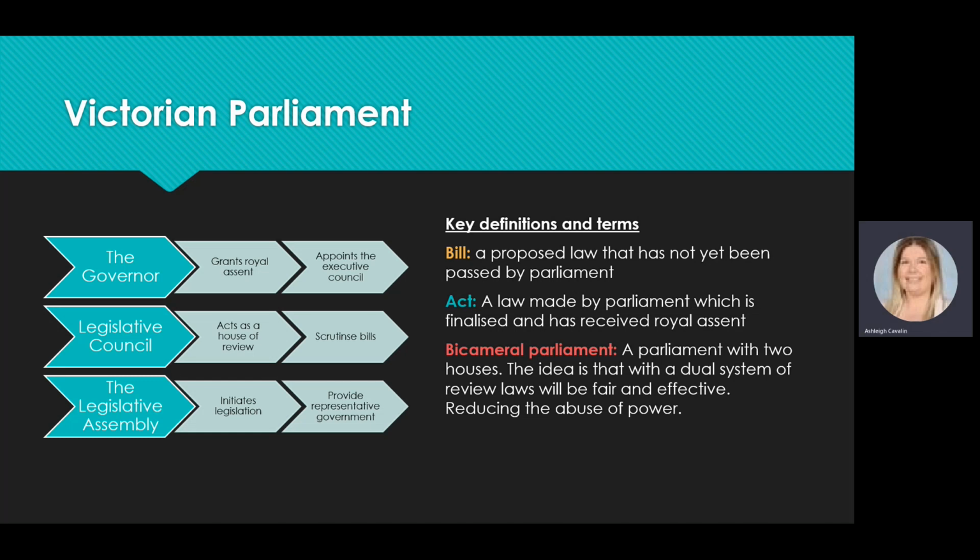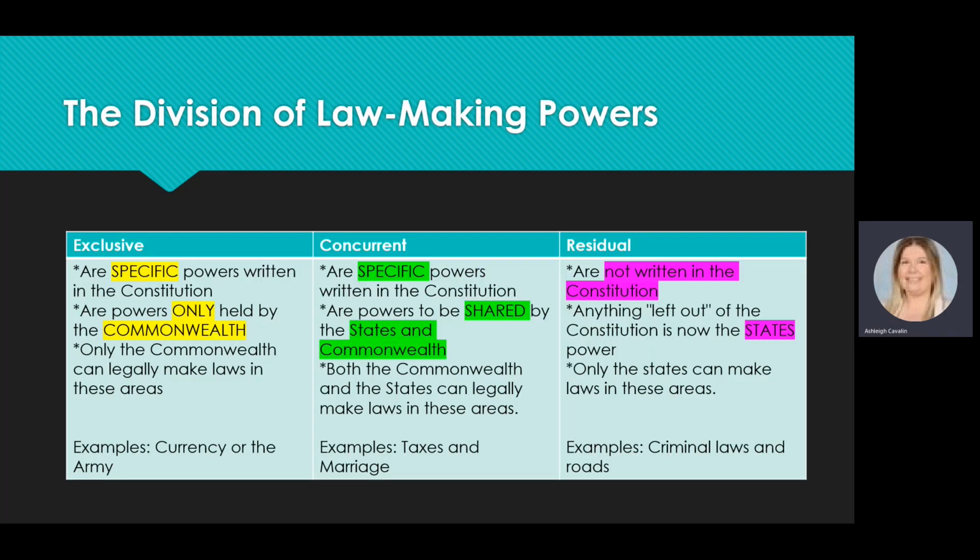You'll also need to know about the division of lawmaking powers. Don't get this confused with separation of powers, so make sure that you are again answering the question correctly. Division of lawmaking powers refers to whether it is a Commonwealth or a state government power.